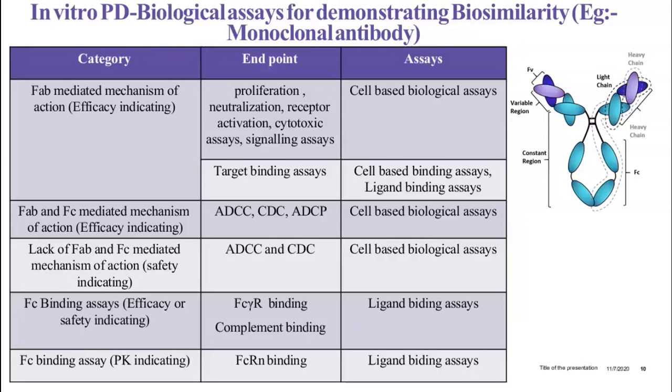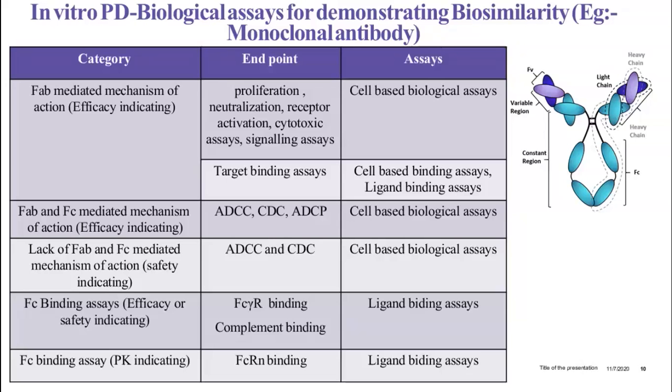Among the Fc binding assays, especially as an indication of PK, FcRn is the main endpoint. Monoclonal antibodies are mostly expressed in higher animals, and the relevant species are the cynomolgus monkeys.